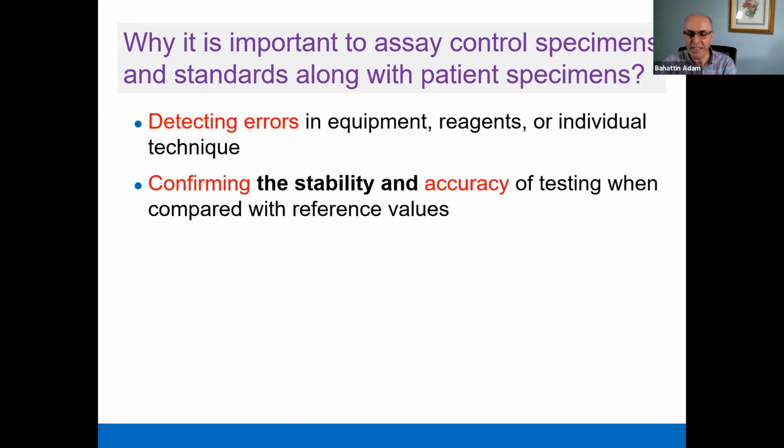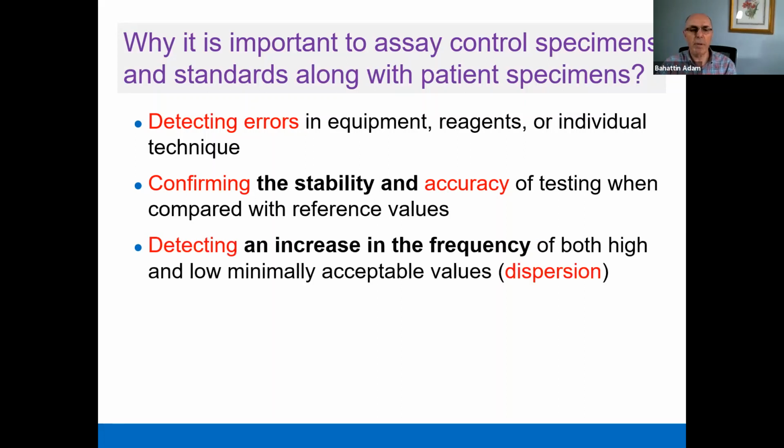Maybe on the second or third day, it will have changed. To confirm the stability of your test, you have to compare the patient results with the control and standards daily, or maybe twice a day, with the reference values.